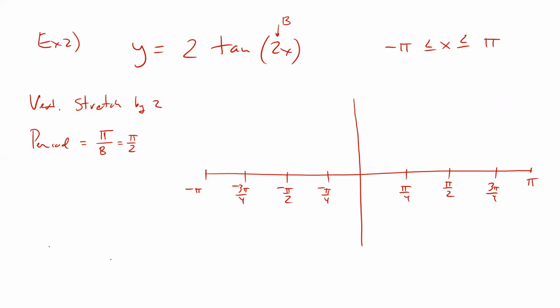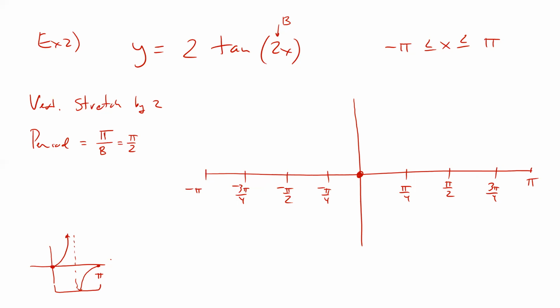For tangent, off to the side here, here's what I sort of think about tangent. Tangent does this. It goes like that, breaks, and comes back over here by the time it gets to pi. That's what we should sort of have in our mind, our little schema for tangent. Now we're going to do it twice as fast. We're good? So that means the 0 is still here because it hasn't changed. And so now we're going to build up from here.